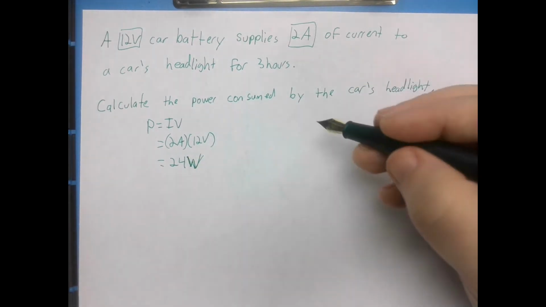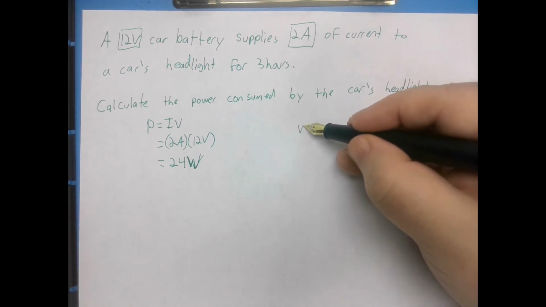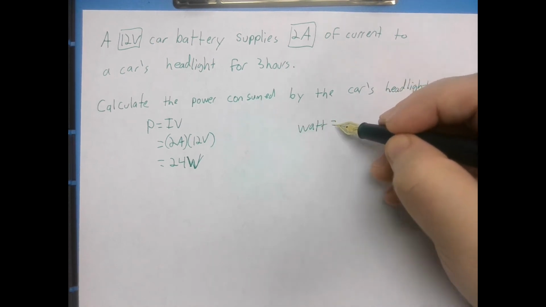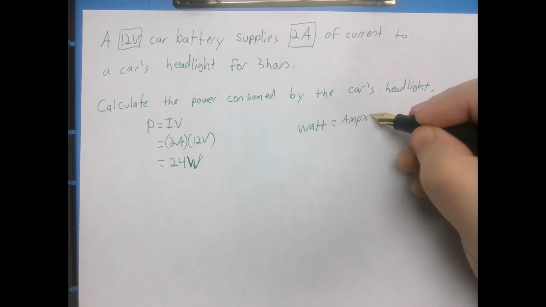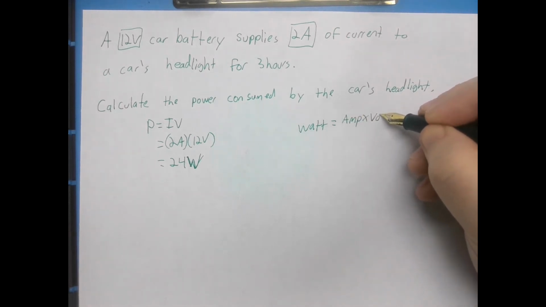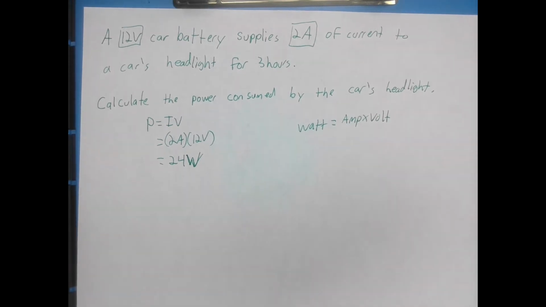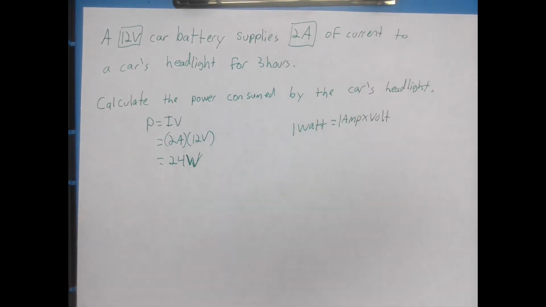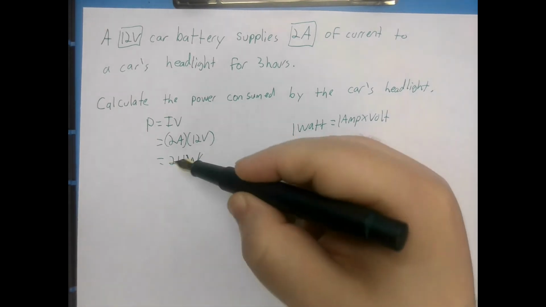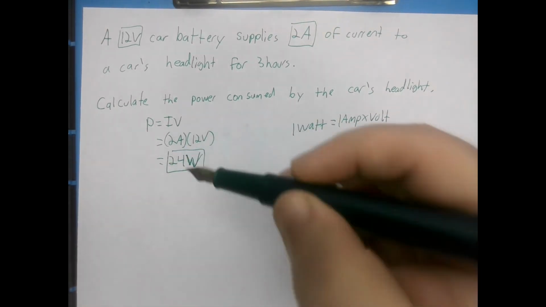So that's another thing I should indicate. A watt is equal to an amp times a volt. So 1 watt is equal to 1 amp times 1 volt. So that's the power.